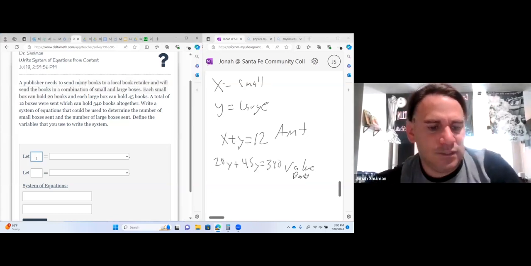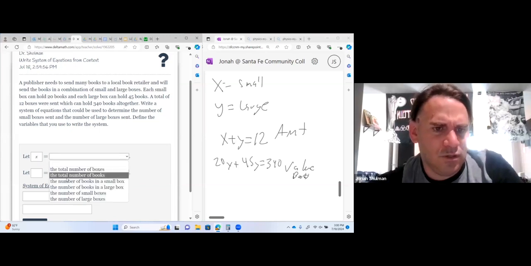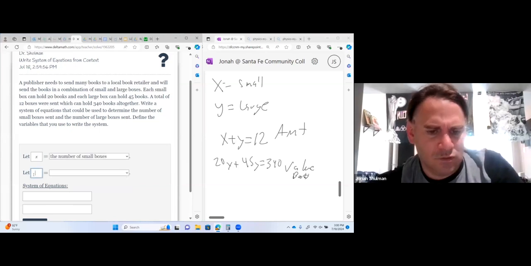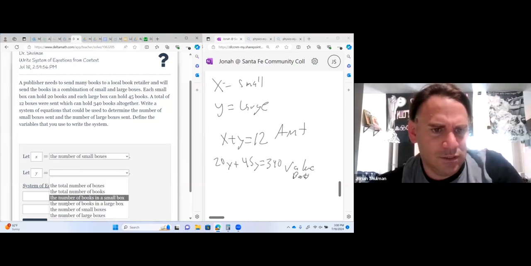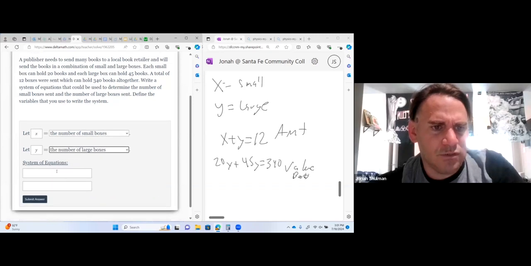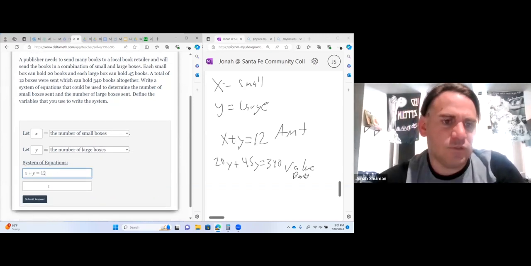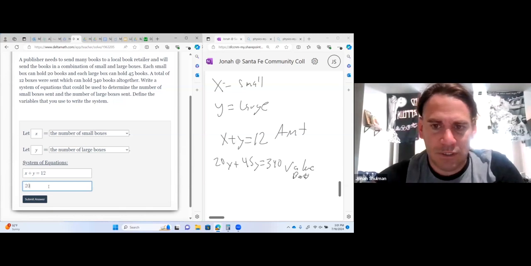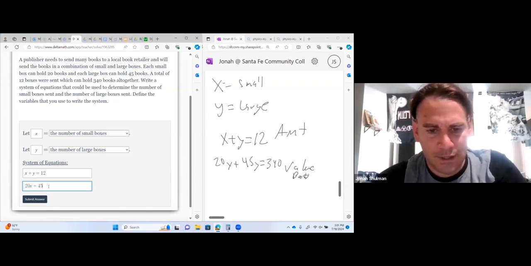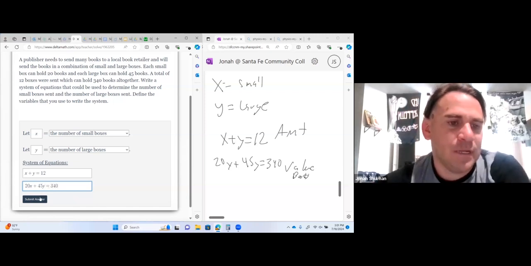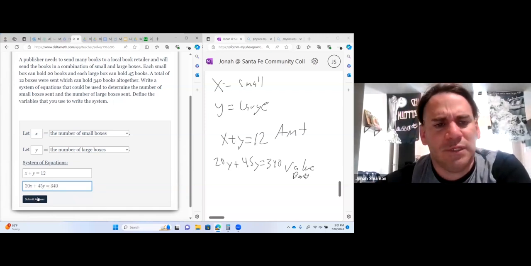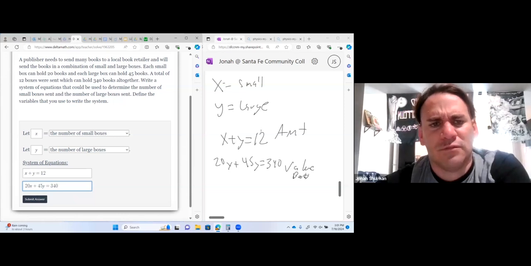So we'll do X is the number of small boxes, Y is the number of large boxes. X plus Y equals 12. I'm sure there's a million ways to do it, but this is how I did it. 20X plus 45Y equals 340. And then you solve it. I would solve this by elimination, substitution, or graphing.